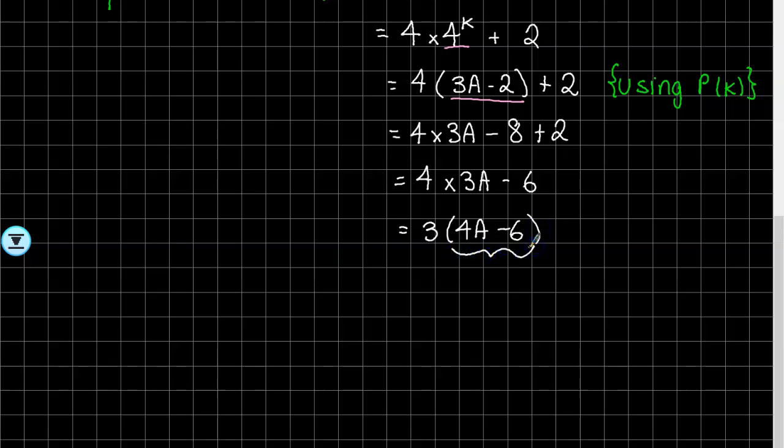Because this is an integer, as a is an integer. Got a little bit excited there. So thank you, people, because that should be 2.